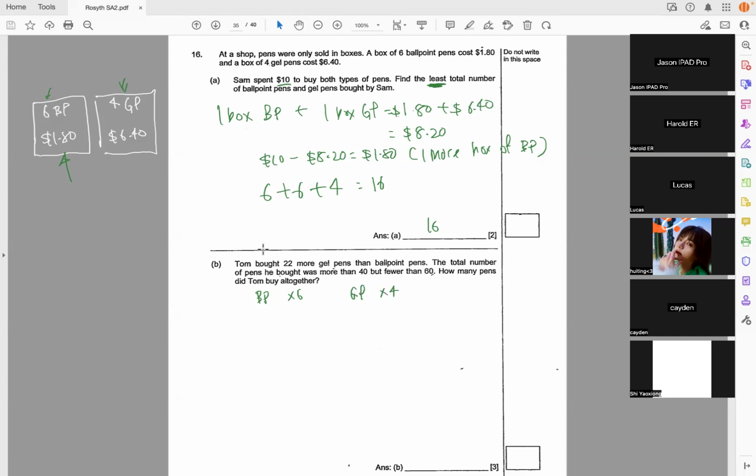But we know that there are 22 more gel pens than ballpoint pens.